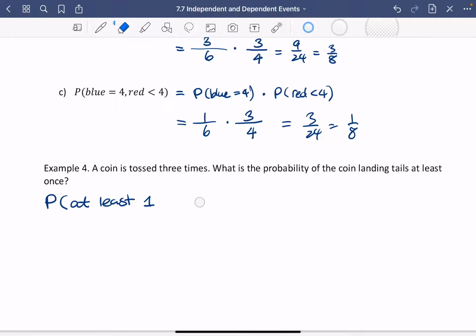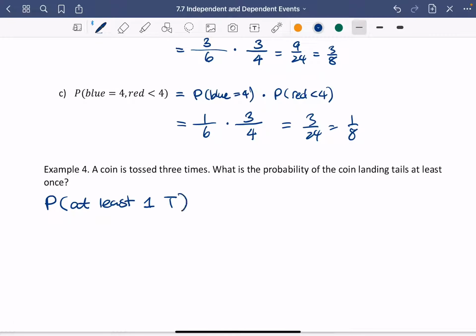Well, let's just write T, at least one T. So the possible outcomes for a coin is a head or a tail. Now you want at least one tail. Well, remember the rule that we talked about last time?